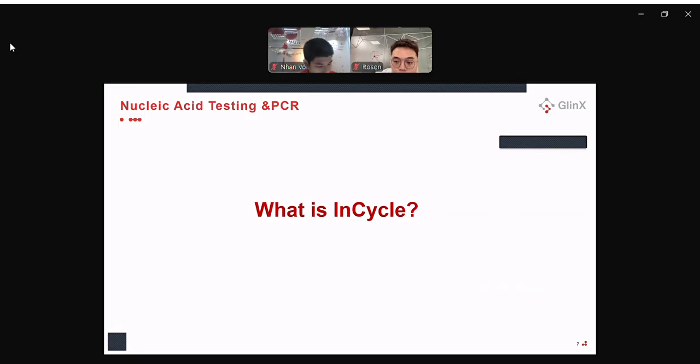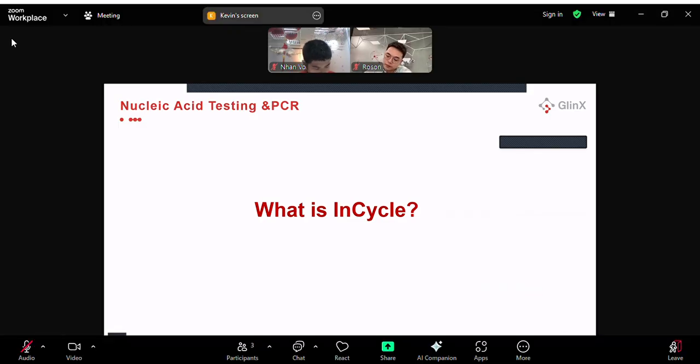So the InCycle is more than just a PCR machine. It is an equipment which uses the most classic and standard method from the nucleic acids extraction to the amplification and detection, and finishes the analysis of the testing results.